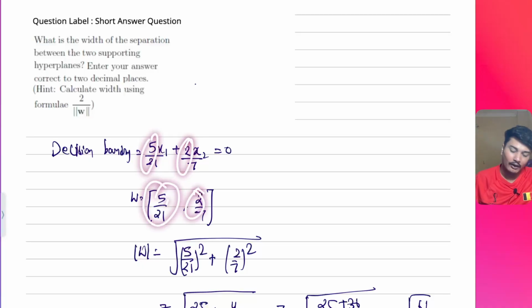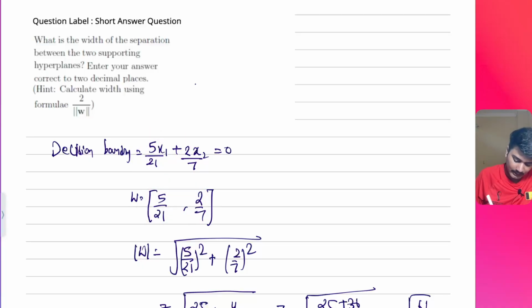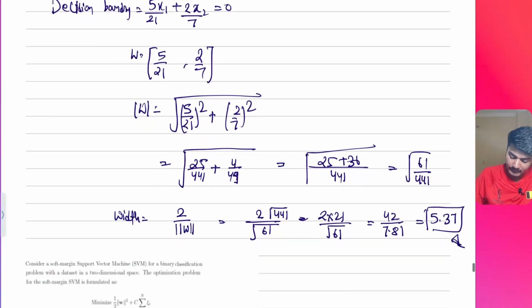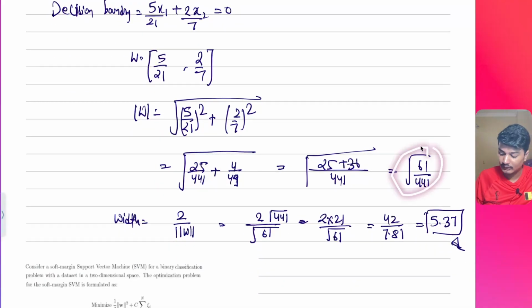To find the norm, we took the norm of this, which comes out as root of 64 upon 441, that is 21. Now width is 2 upon the norm of w. When you put it in and solve it, you will get 5.37, which is our answer.